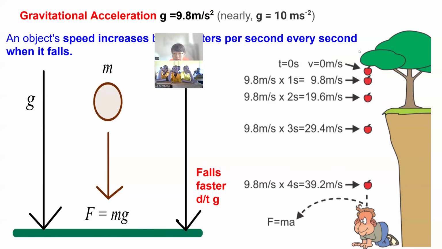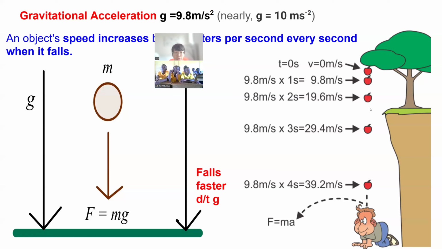If you look at the right, here's an example of how time and velocity change. Since gravitational acceleration is 9.8, if you multiply by a certain amount of time passed, you can find the velocity at the moment. So you can see that the velocity is increasing.